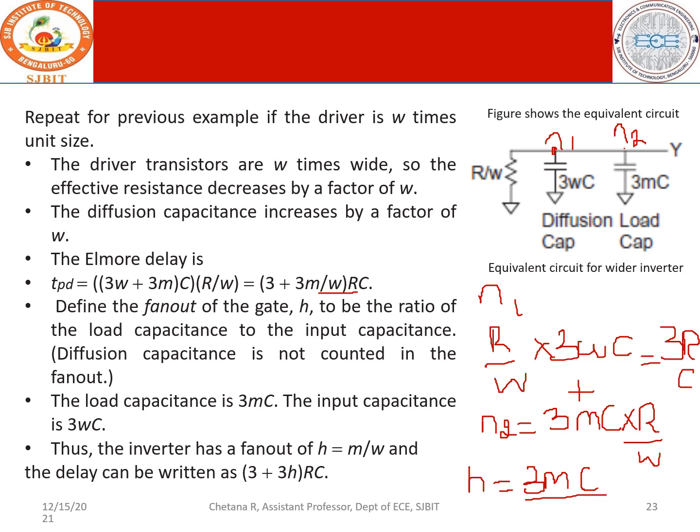Diffusion capacitance is not considered. Therefore, the load capacitance is 3MC and the input is 3WC. So this turns out to be M by W, so H is equal to M by W. This gets cancelled, and the delay can be written with M by W replaced by H, which is the representation for fan out.